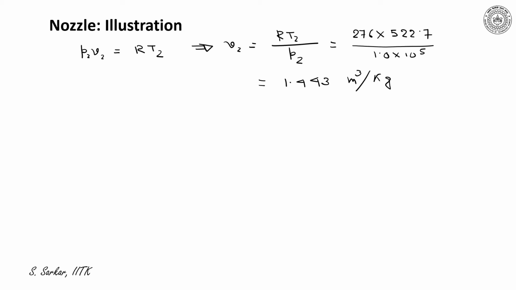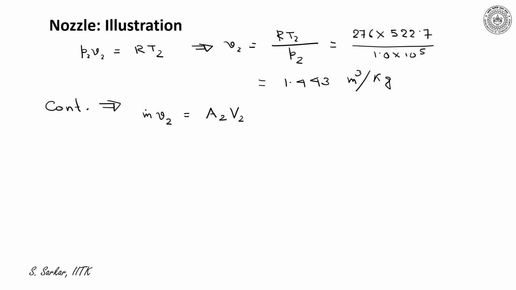Hence from the continuity equation, what will I get? M dot, mass flow rate, into specific volume at 2 is equal to A2, the area of the nozzle at exit, into V2, the velocity at the nozzle exit.